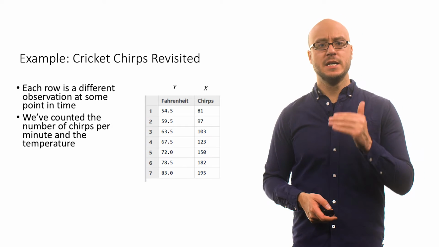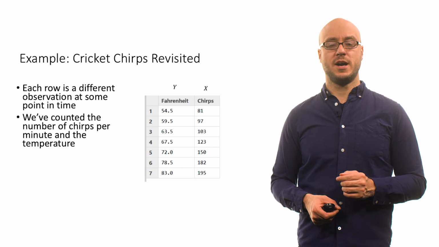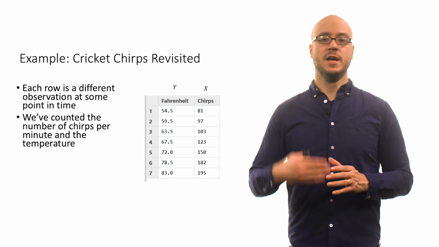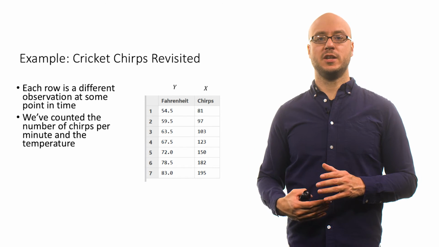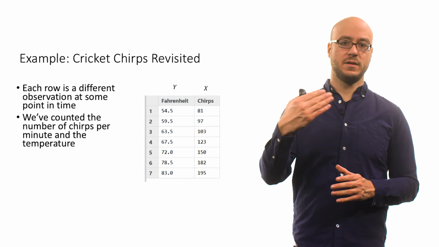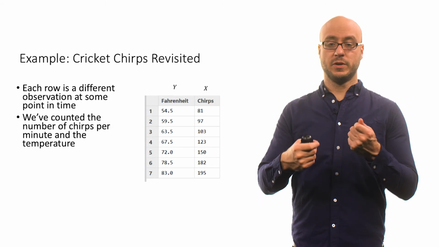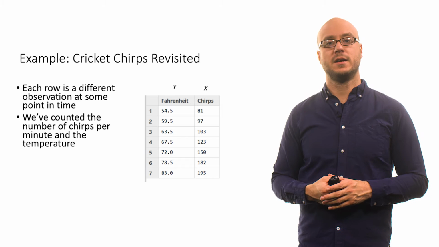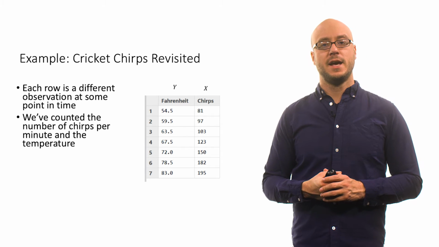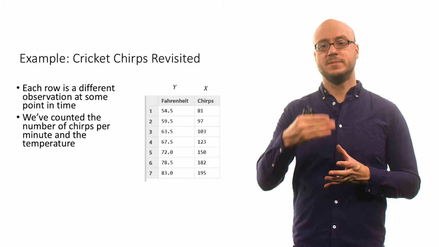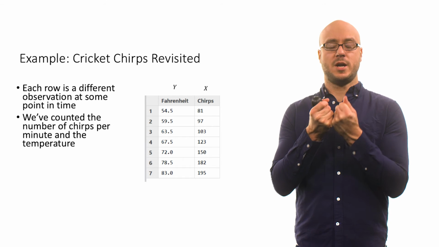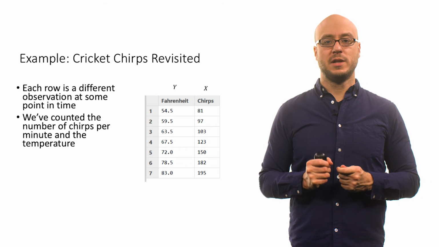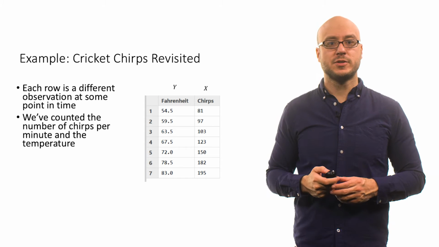So each row here is a different observation at some point in time. You've gone out into the field 7 different times and you've calculated the temperature using a real thermometer, and you've calculated the cricket chirps per minute. And we want to use this data set of observations to create a simple linear regression model that will allow us to use cricket chirps to predict temperature in Fahrenheit.